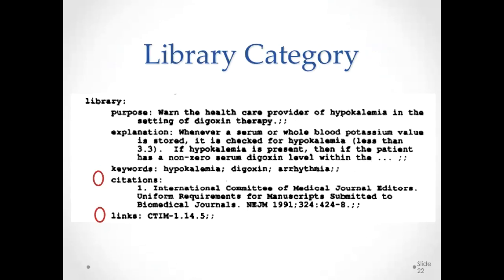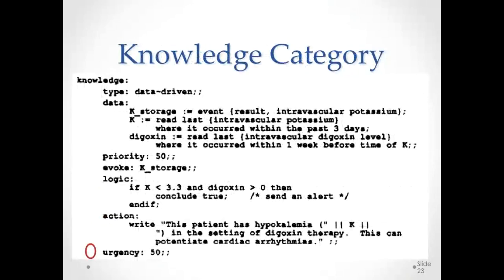And so keywords are helpful. And also the citations. As the science changes, versions of clinical guidelines change. You might need to let your decision support rules flux with the change in clinical guidelines. So the citation information will be really important to help you manage that as things are versioned up. So that's the library category.